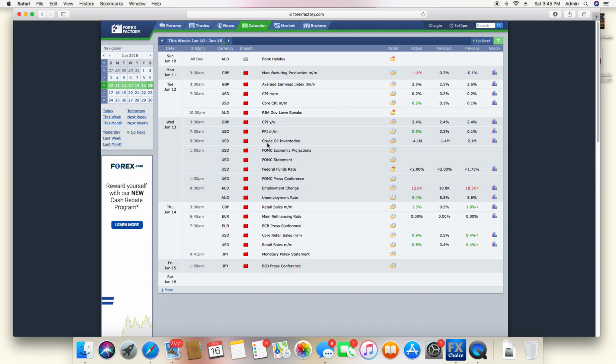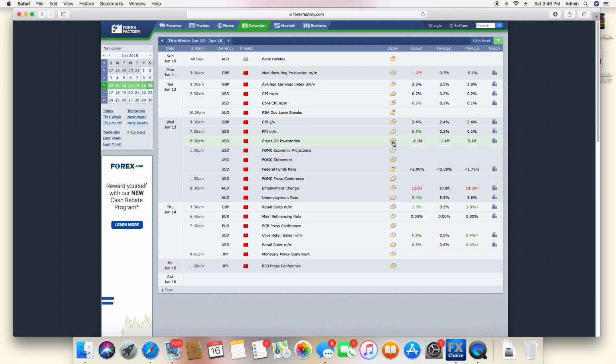For example, let's take crude oil inventories, okay? Oil is my absolute favorite pair in the world. It's what I love to trade. So if I wanted to know how the inventories are going to affect oil pricing, this is really cool.